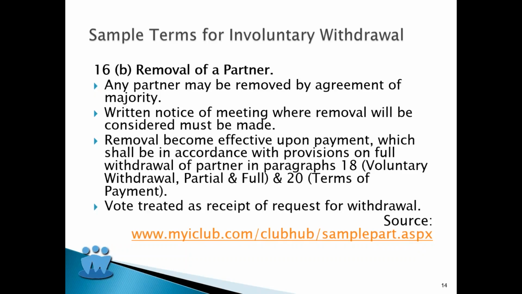The sample terms in the sample agreement for involuntary withdrawal state that any partner can be removed by agreement of the majority, that you've got to provide written notice when someone is up for removal, because they have to have the ability to defend themselves, and the removal, when it becomes effective, when everyone votes that yes, this person should be removed from the partnership, then it just becomes a full withdrawal of the partner, and it's treated like that. The vote of the partnership, the majority vote, if it passes, is considered receipt of request for withdrawal.